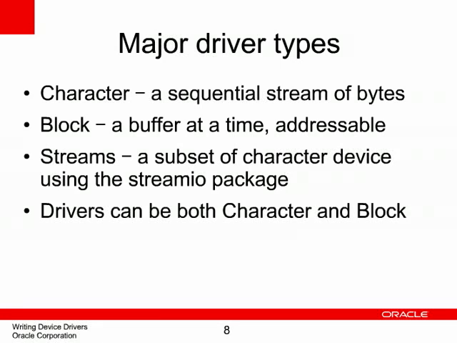A block device is something like a disk drive, where you say, index this far into this file and give me this much data. A subset of character devices are streams devices. It uses a special API, the STREAMS package, and it's a special subset of character devices. Again, it's a sequential stream of bytes in and out. It's important to note that drivers can present both character and block mode aspects.